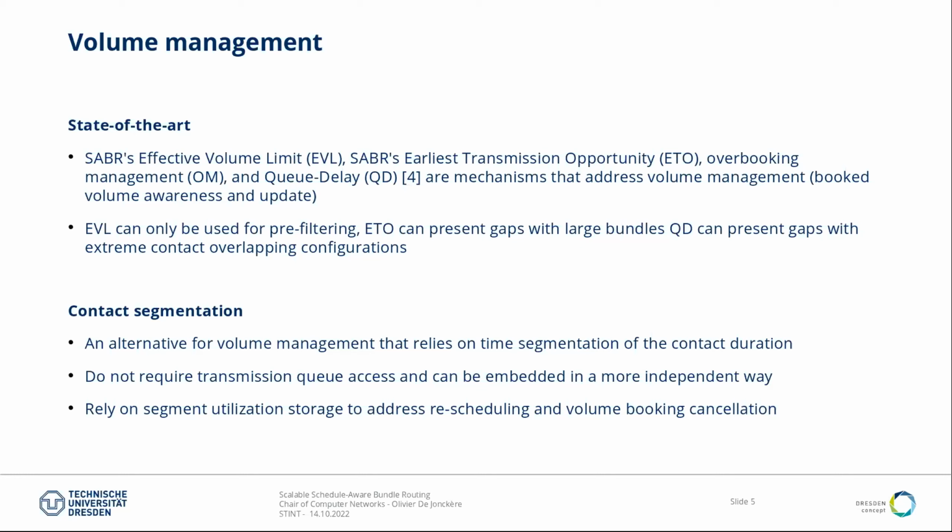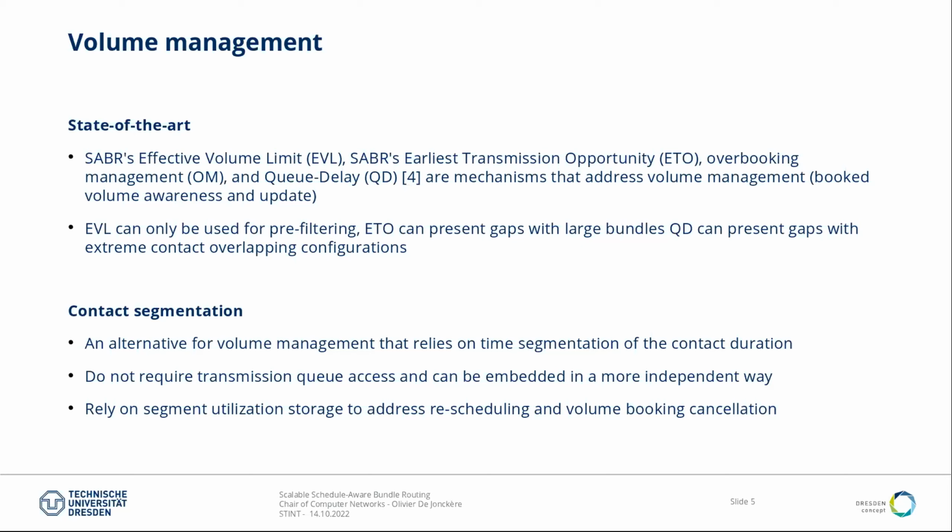We also have overbooking management for priorities, the scheduling, those kinds of concerns, and queue delay, which is a recent feature that extends ETO at the next hops after the first, but of course without queue access, and it relies on the volume that was booked on those intermediary contacts.